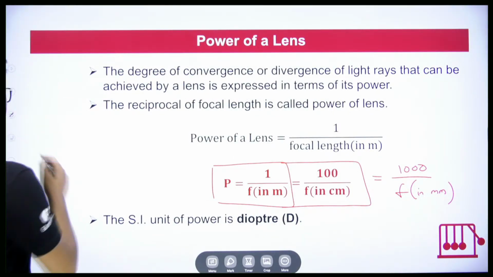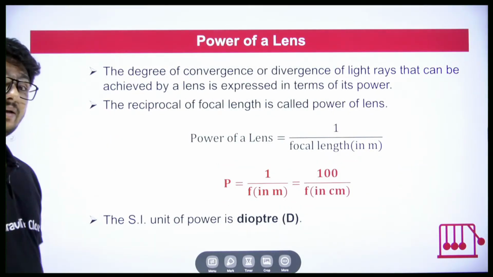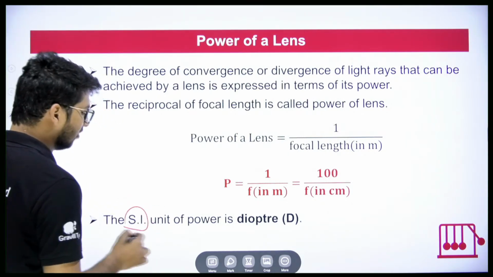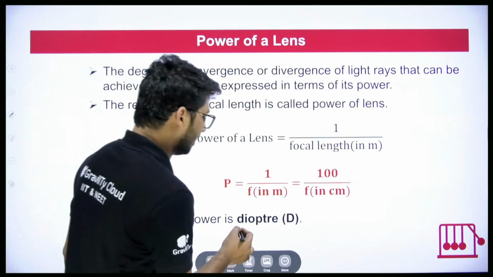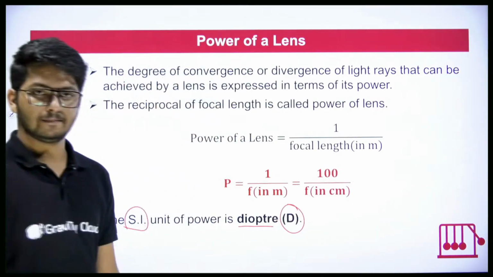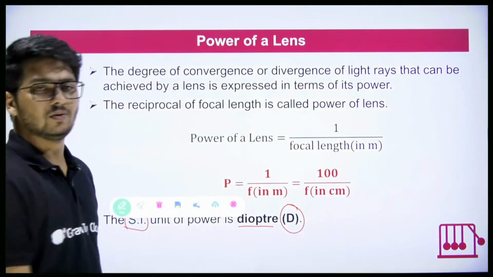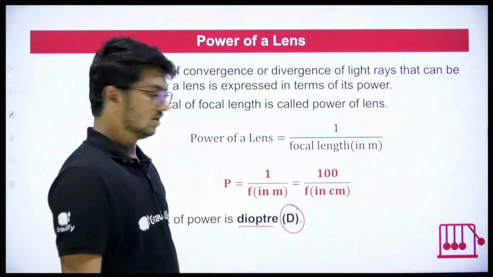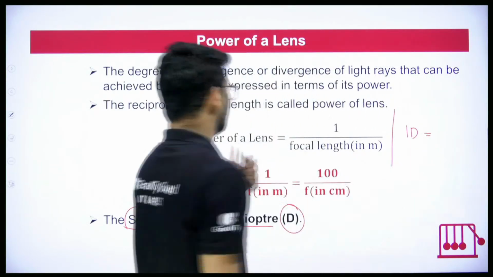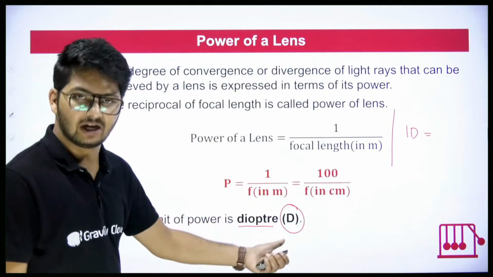Got it? And one more important point is that the SI unit of power is called diopter, and the symbol is capital D. What is the SI unit going to be here? Just look at this. We are taking power in diopter, the SI unit.